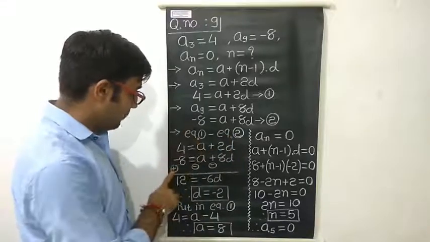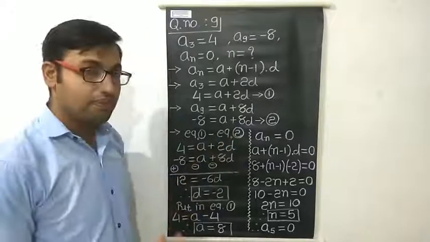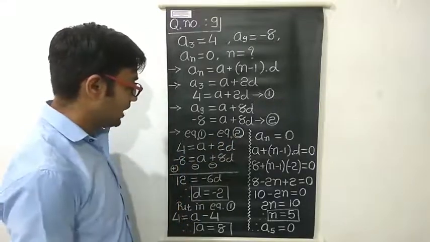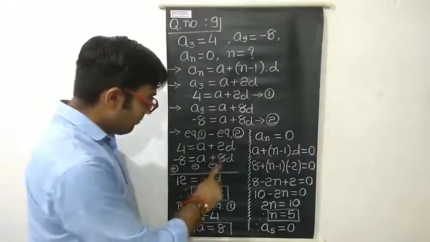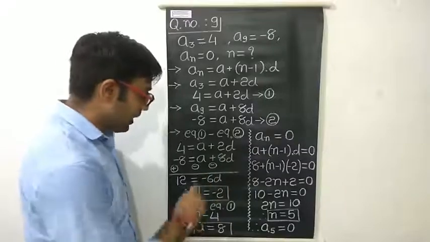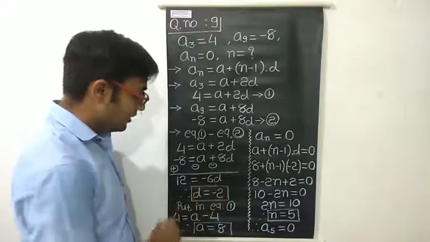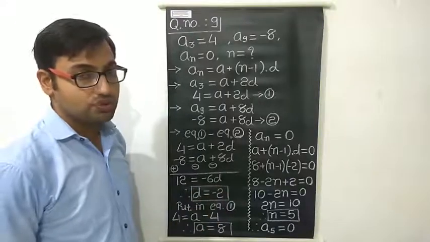So this term will be plus 8, a will be minus a, and 8d will be minus 8d. Now 4 plus 8 is equal to 12. A and a cancel each other out. 2d minus 8d is equal to minus 6d. Now by taking this 6 to the left hand side, we get the value of d is equal to minus 2.